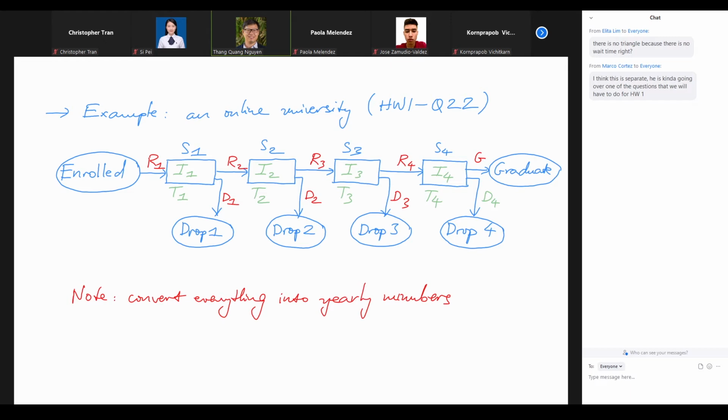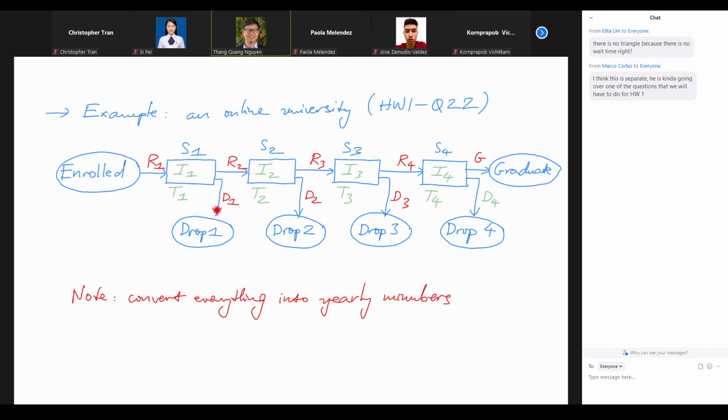So let me remind you, the flow rate can be calculated using Little's law. For dropout number 1, if you look at this picture, R1 is how many students start stage number 1. R2 is how many students successfully move on to stage number 2. Then the difference is what?